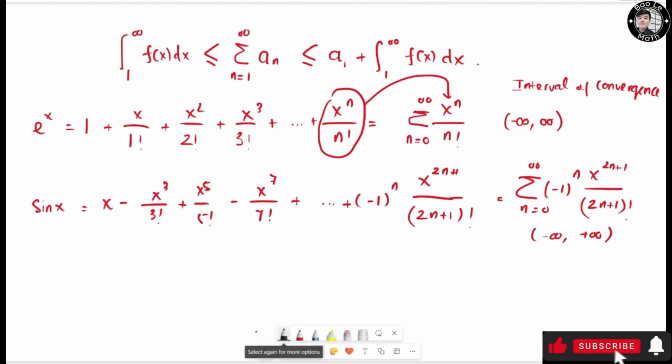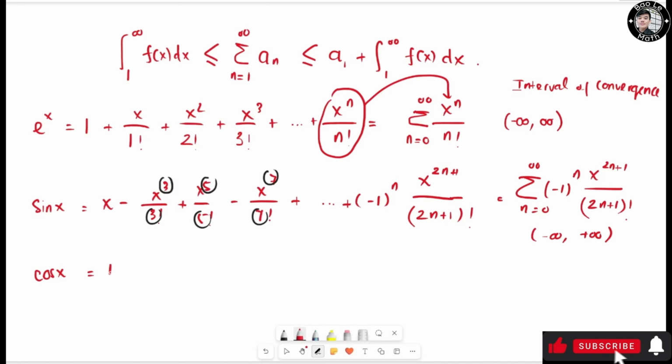Now here's the trick to memorize the sine and cosine. Remember, sine is an odd function, so you will see the odd numbers right here. Now cosine is an even function, so you're going to see the even numbers.